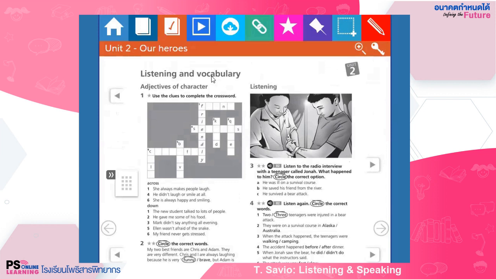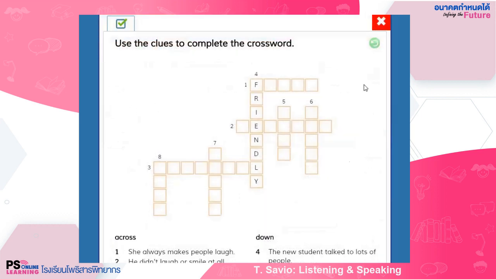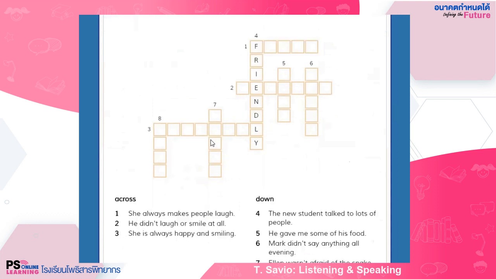Listening and vocabulary. Adjectives of character. Use the clues to complete the crossword. Okay, this is very interesting. I know everyone likes the crossword. Number 1, across. She always makes people laugh. Who always makes people laugh?